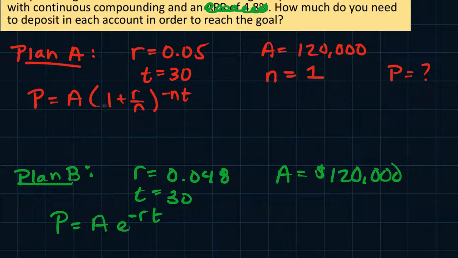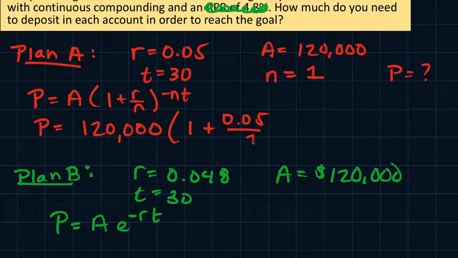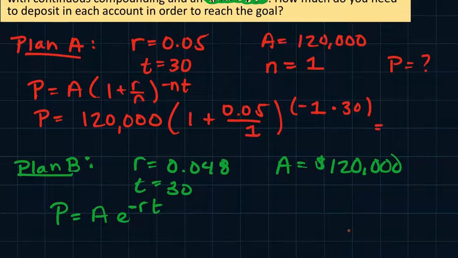Let's do Plan A first. So P is 120,000 times 1 plus 0.05 divided by 1 raised to the negative 1 times T, which is 30. Okay, let's put that in the calculator.